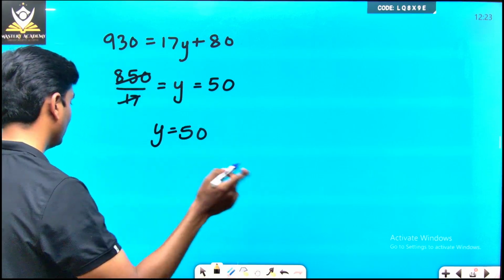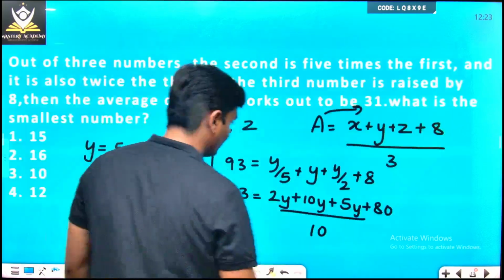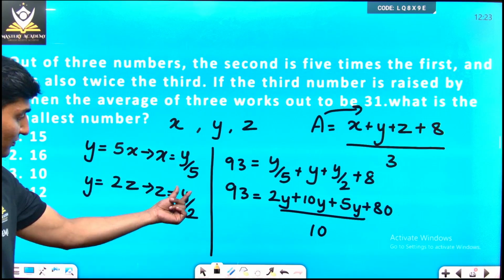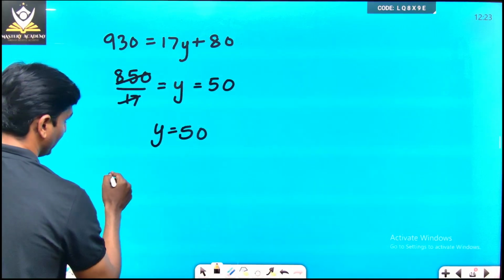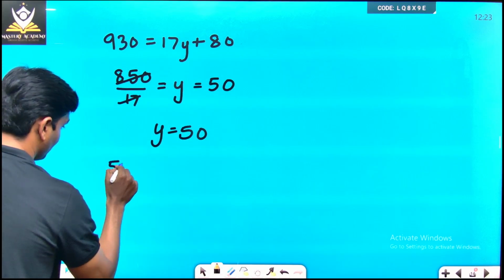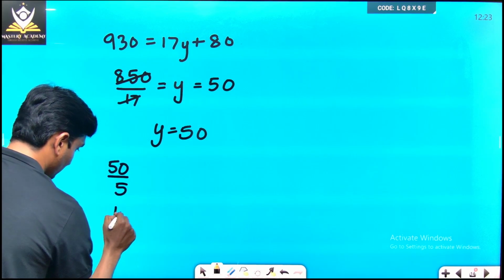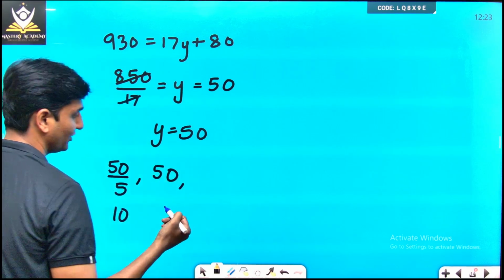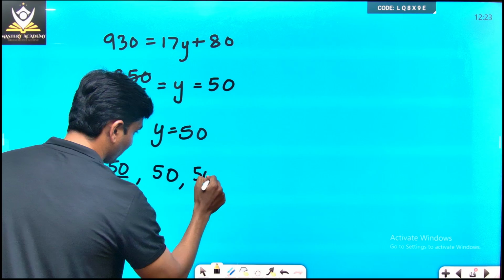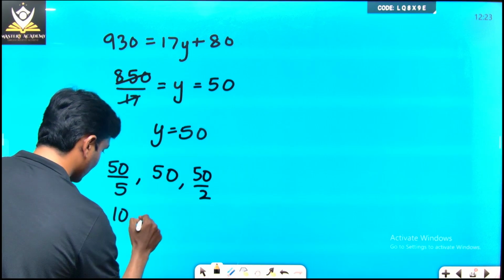Okay. Now we can determine the value of x, y and z. X is given to be y upon 5, z is given to be y upon 2. So x is y upon 5, 50 upon 5, that will be nothing but 10. What will be y? Y as it is 50, and z is given to be y by 2. So 50 upon 2, that is nothing but 25.